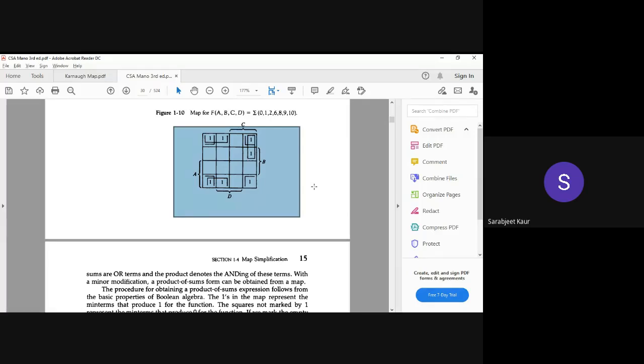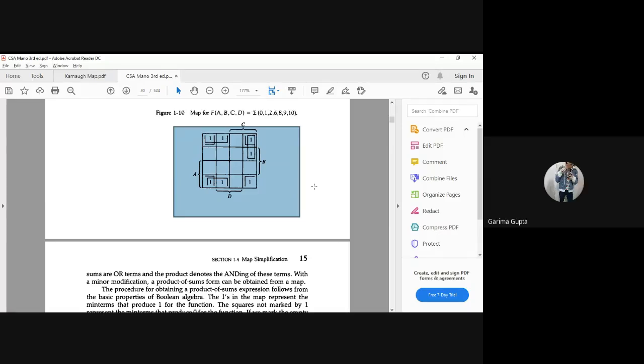We will group the zeros now in the same way that we have been grouping ones, using the same rules. That is, adjacent zeros, largest group possible, no zero to be left, only horizontal and vertical grouping possible, grouping in powers of 2. Is this clear?